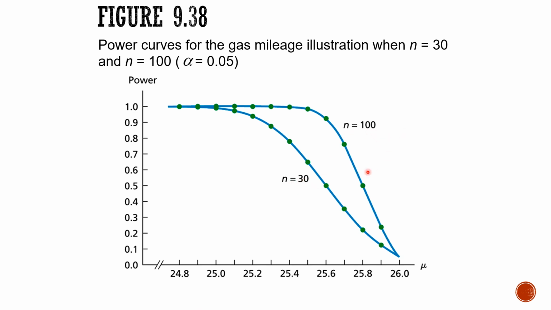And here we have the different power probabilities, the probability of taking the correct decision. That's what power of a test is. So they've plotted the different 1 minus beta values, and then you just connect them with a smooth curve.